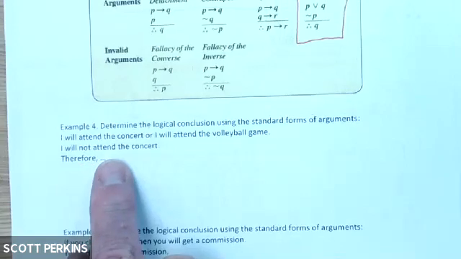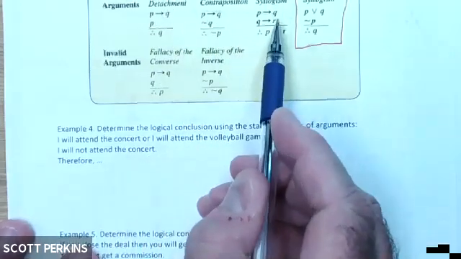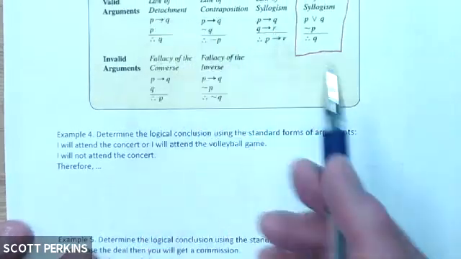What's the logical conclusion? Now, when you get good at this, you could probably do this without writing things down symbolically. I totally understand that. But this is our first problem, so we're going to go through and just make sure. The first step is what we did before. We're going to write this argument symbolically so I can compare with the given formats up there.